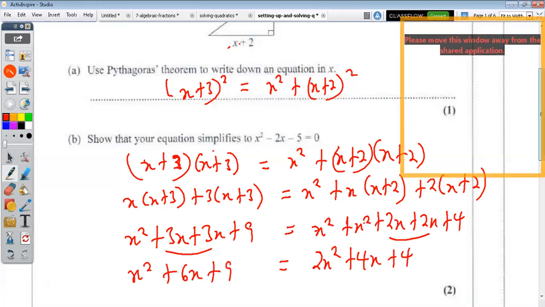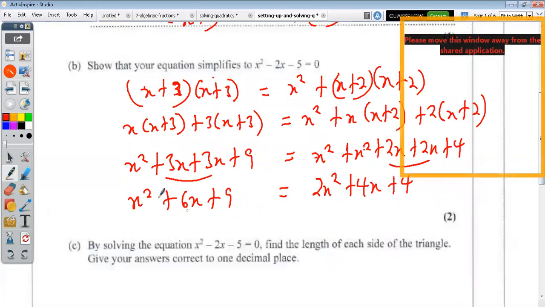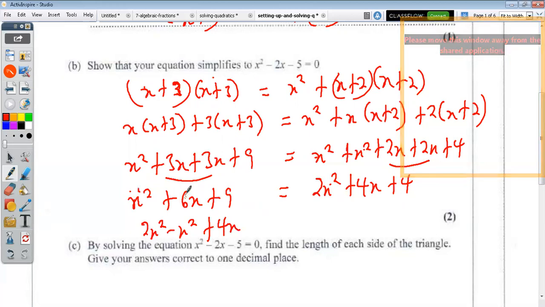Clear? Then move everything to one side because 2x squared is greater than x squared, so you move everything to the right. If you move everything to the right, you have 2x squared, this becomes a minus x squared plus 4x. Move the 6x to the other side, it becomes a minus 6x plus 4.